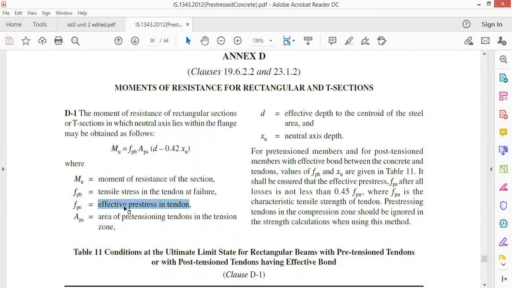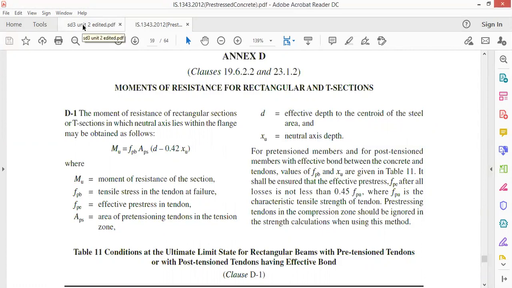FPB is the tensile stress in the tendon at failure. FPU is the ultimate stress, that is the maximum stress in the tendon, and APS is the area of pre-stressing tendon in the tensile zone, and D is the effective depth to the centroid of the steel area, and XU is the neutral axis depth.